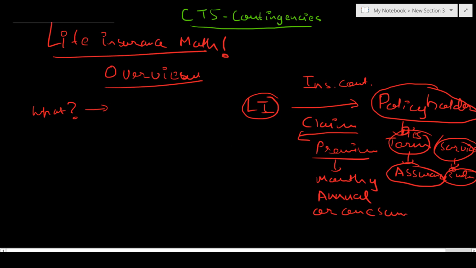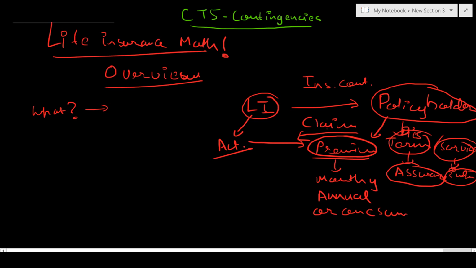So where do we come in? Where do actuaries come into this process? Actuaries are appointed by the life insurance company to tell them what amount of premium they should be collecting from the policy holder for taking this risk. The life insurance company is undertaking a certain risk of the policy holder, that is, they are going to pay an amount when the policyholder dies or if they survive to the end of a term.